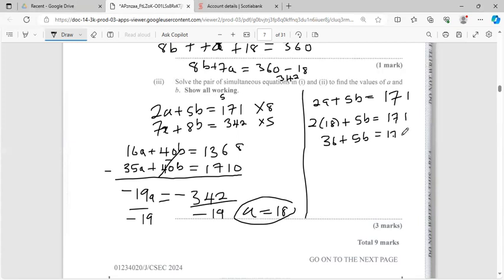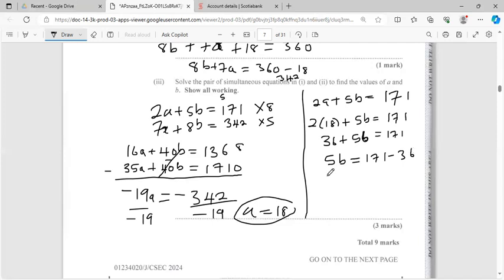So we're gonna subtract 36 from both sides. So 5B is equal to 171 minus 36. In the essence of time, let me just punch it out. That's 135.